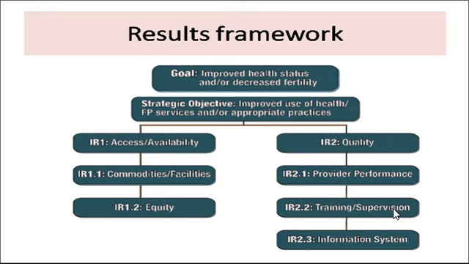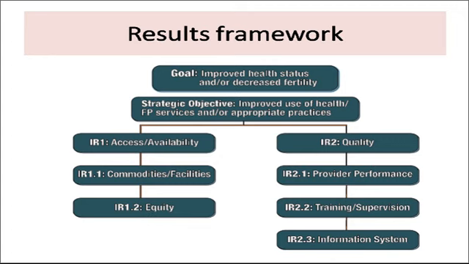If we have regular training of the ANMs, if we have regular training of the ASHA workers, then obviously the delivery of rural health services would improve. So training has an important bearing upon improving the quality of delivery of health services. And then a proper information system will improve the accountability of delivery.